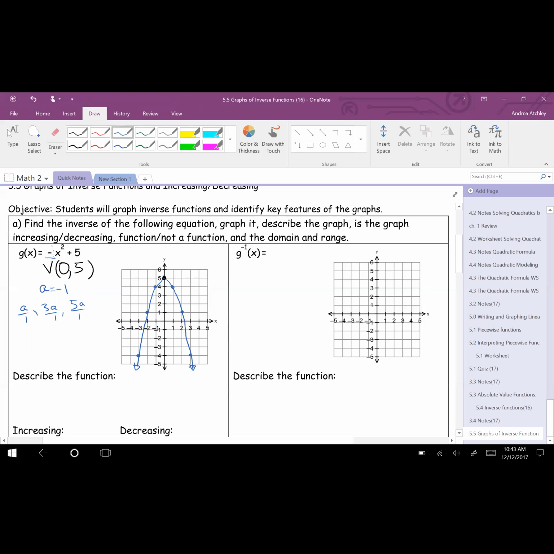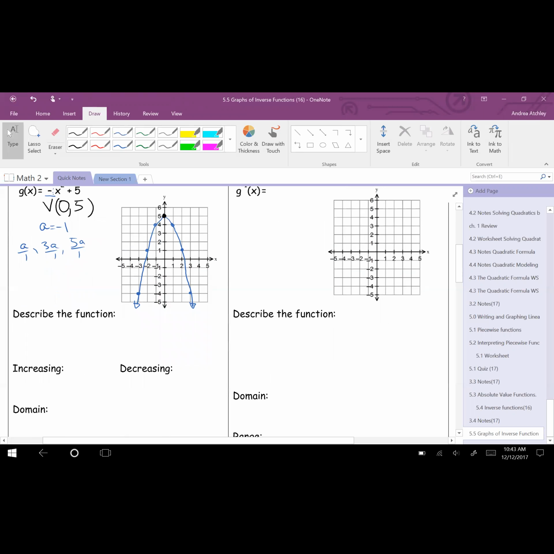Any questions over that? Okay, then we're going to describe that function. Okay, so it is a parabola. It has a maximum value at 0, 5.